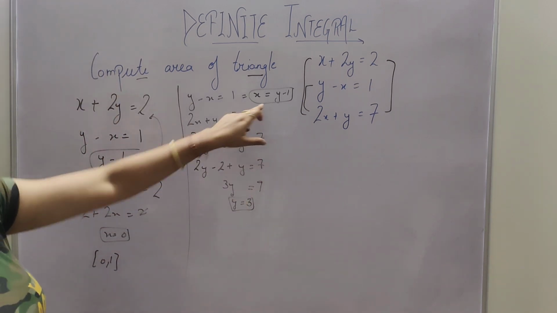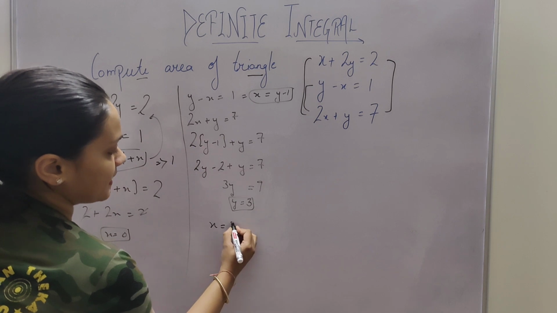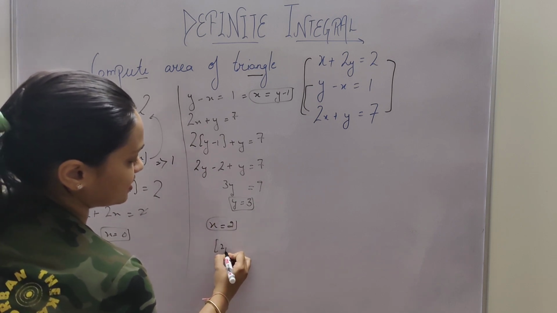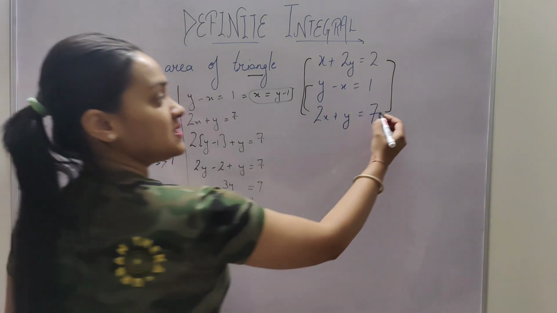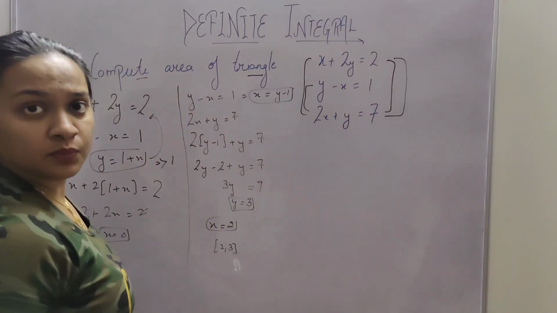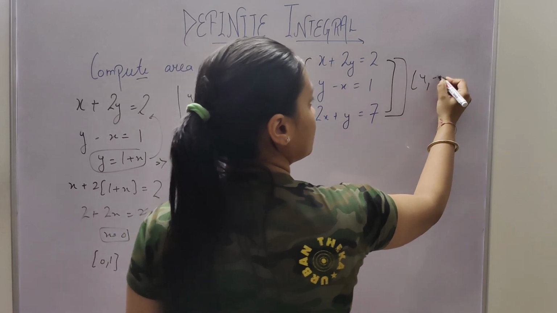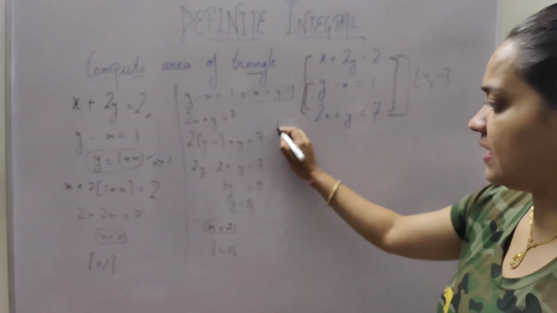Putting the value of y in x, you can get 2. So the point of intersection is (2, 3). Solving these two equations, we get a point which is (4, -1) in the similar manner.